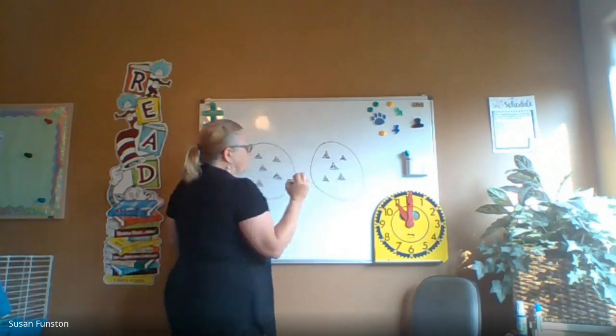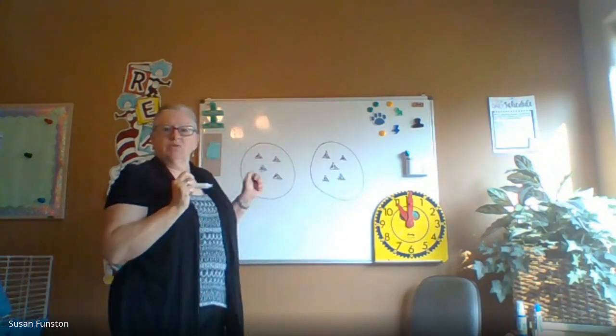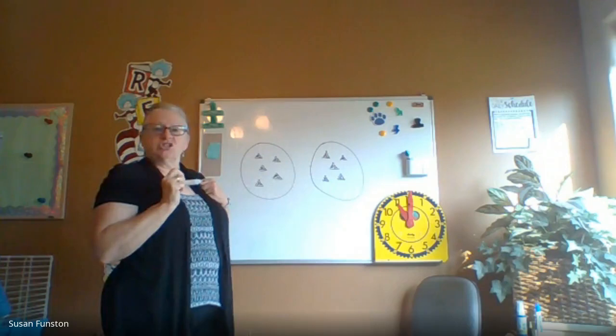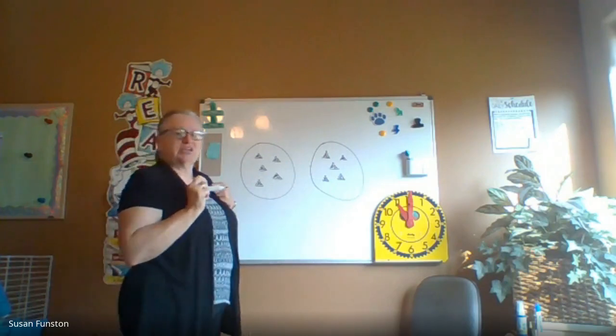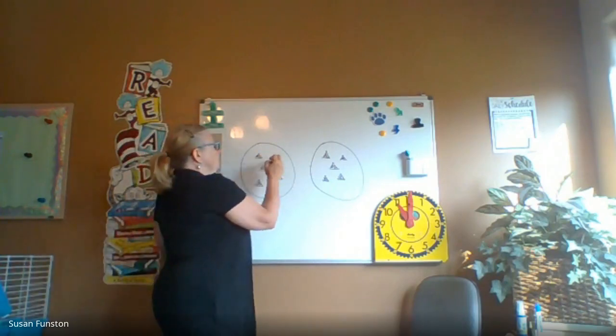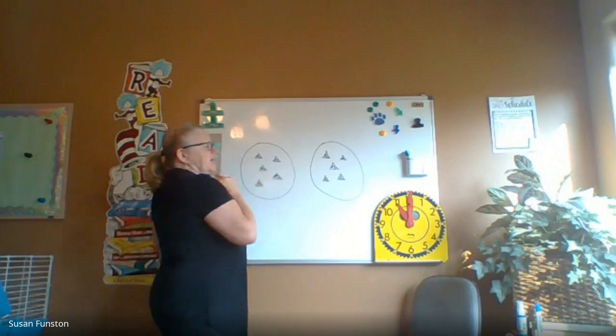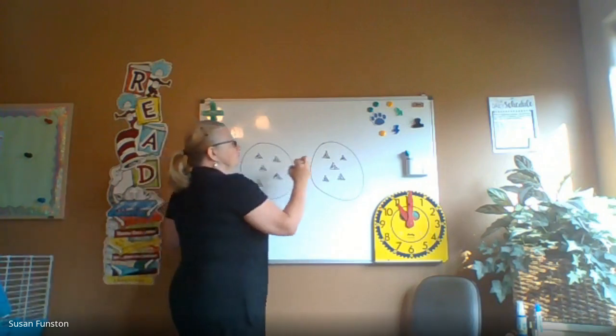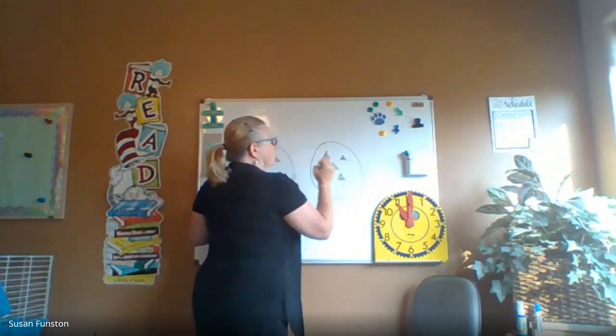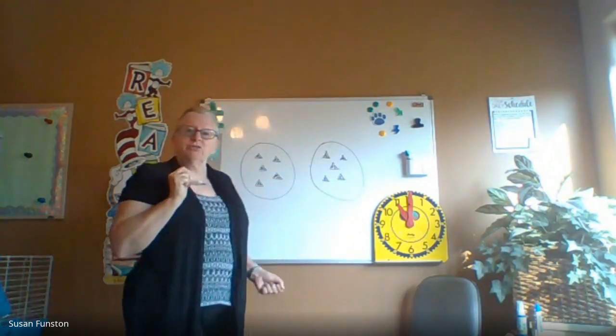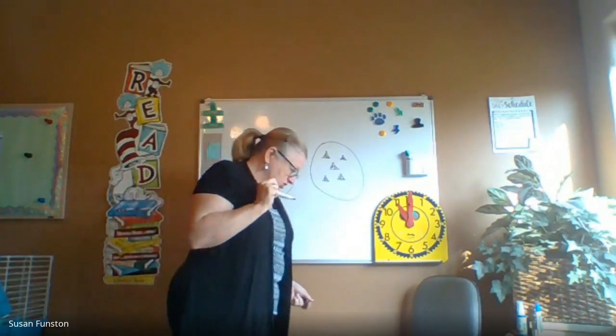Just like when we're doing multiplication, we have to have equal groups to use division. So let's see if we have equal groups here. In this group, I have 1, 2, 3, 4, 5 triangles. In this group, I have 1, 2, 3, 4, 5 triangles. So I have equal groups, so I can use division.